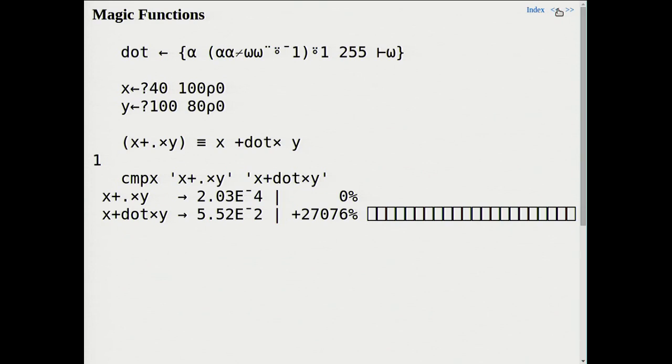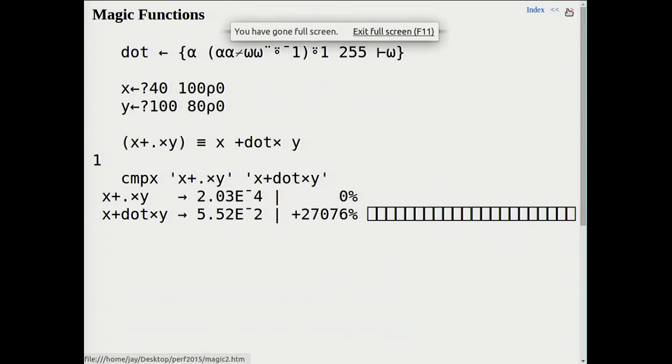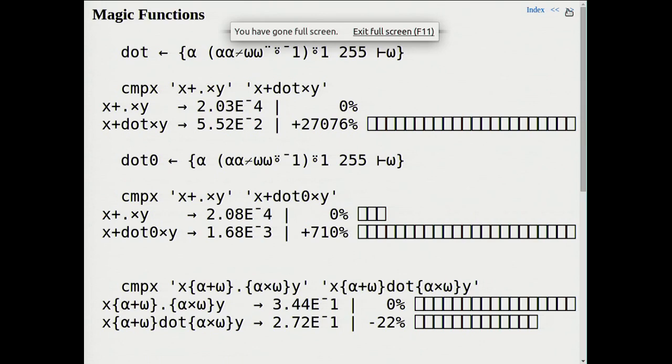So what happens if I make a different version of the magic function? Oh, okay, so this is a previous benchmark, and I removed the each and named it .0. Now it's only 8 times slower than the highly optimized plus dot times.